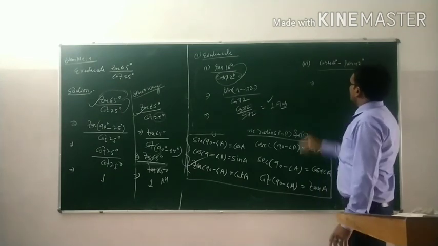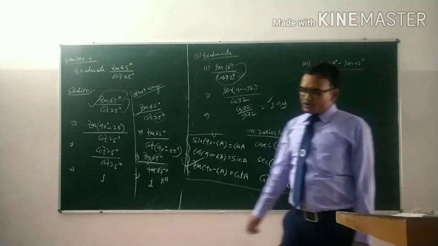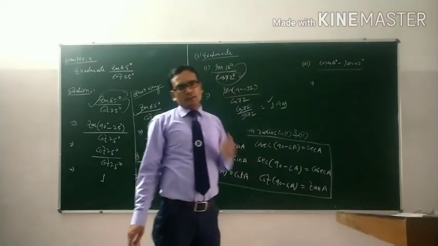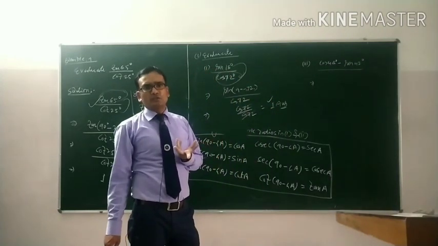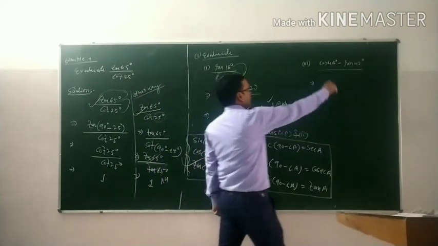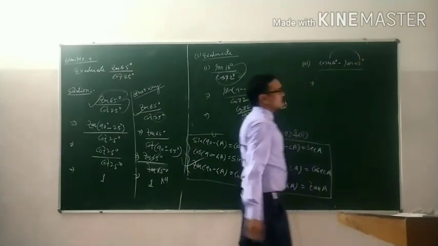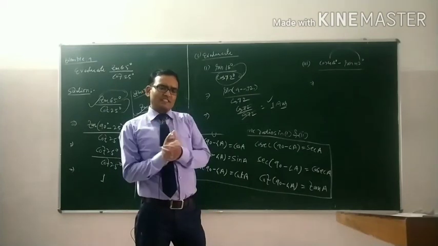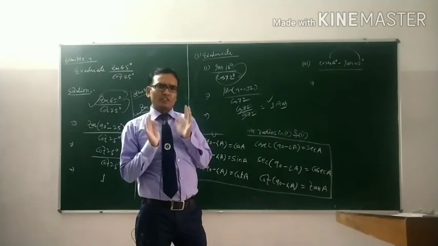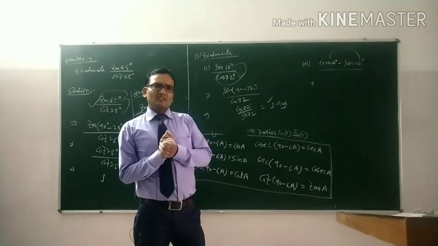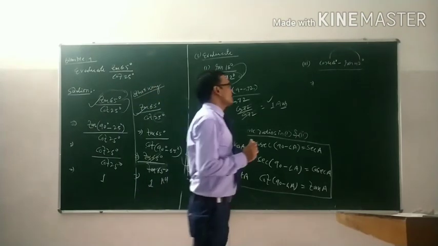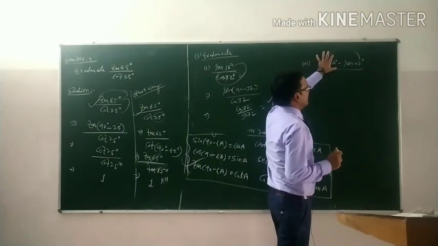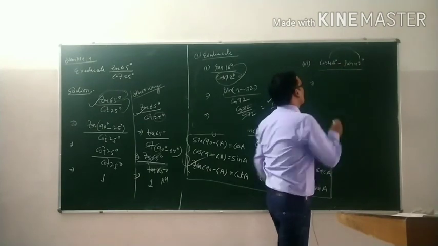Here we change cos 48 into sin 42, because 48 and 42 are complementary angles. We change cos 48 into sin 42.